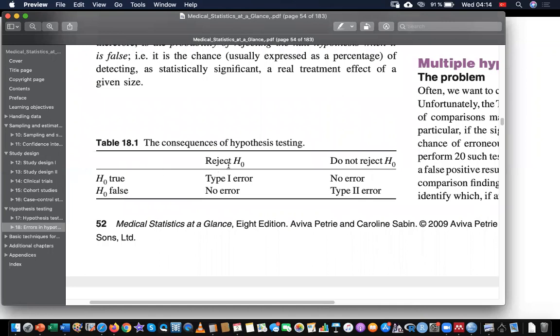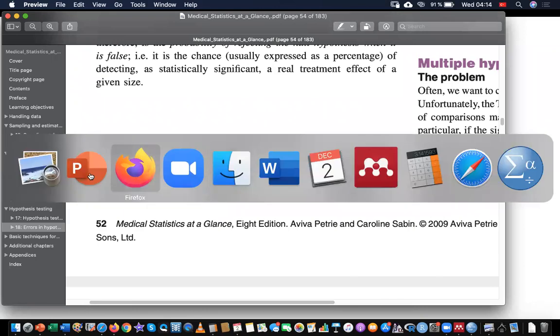There is a truth about the H null. We always have the H null. H null is structured as negative.